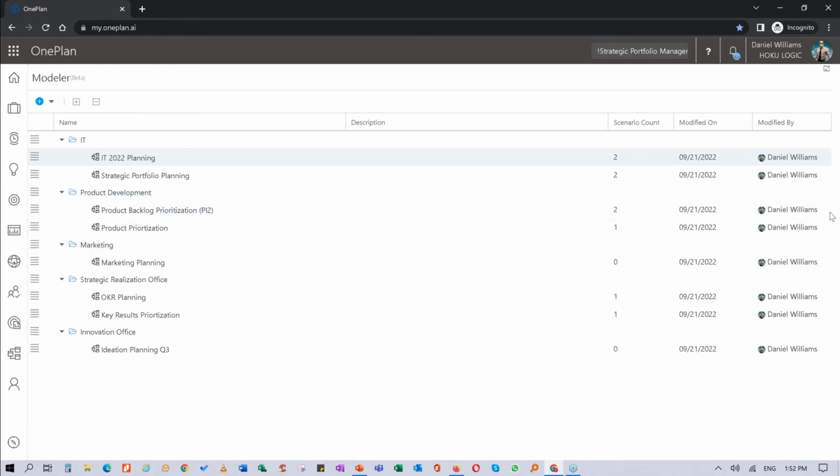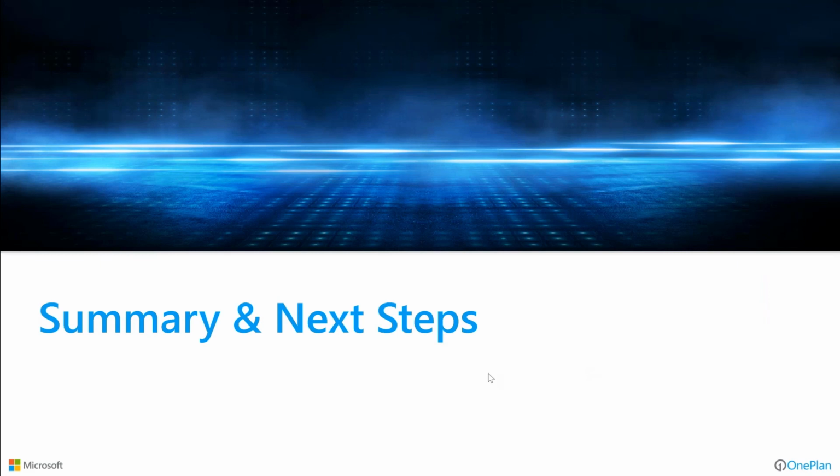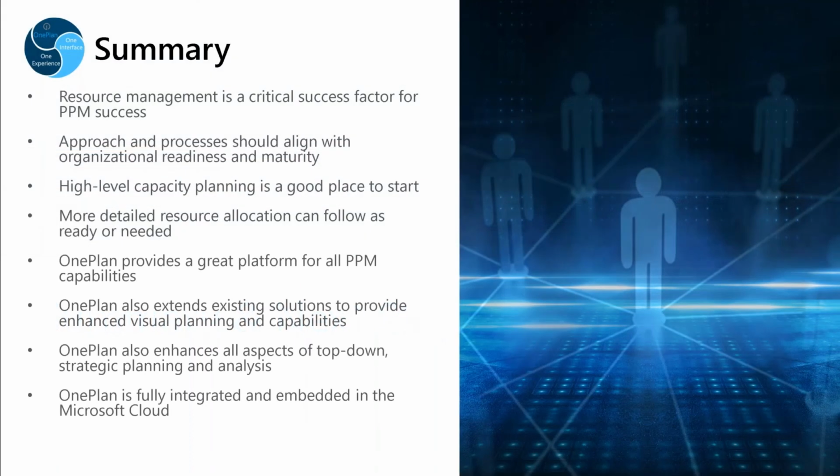back to our presentation. So we did our deep dive on resource management. This is something that you have to work on. So if you intend to be successful at any level within project portfolio management, you need to focus on resource management. It's both a process and tooling that you need.